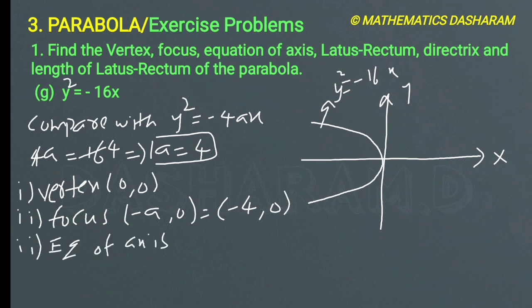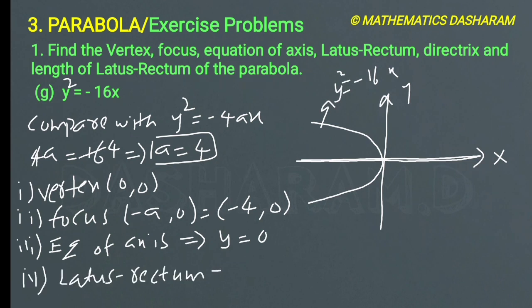For the equation of the axis, the x-axis is the axis because it is symmetric for the parabola, so its equation is y equals to 0. Next, the equation of the latus rectum, that is x equals to minus a, so it implies x equals to minus 4, so x plus 4 equals to 0.